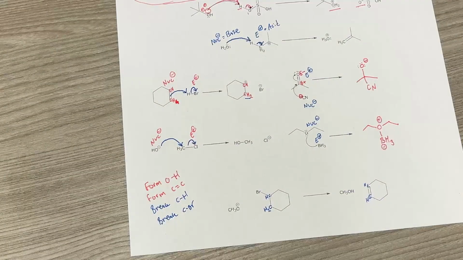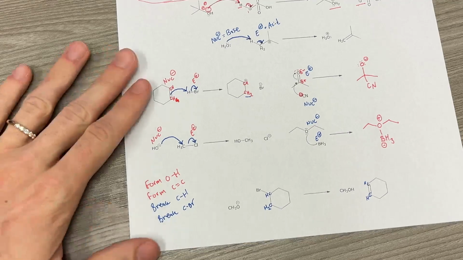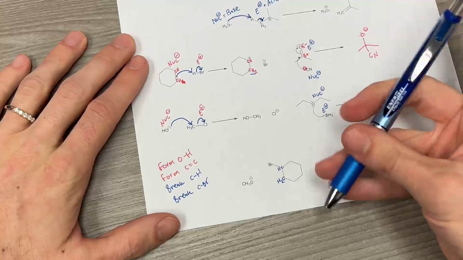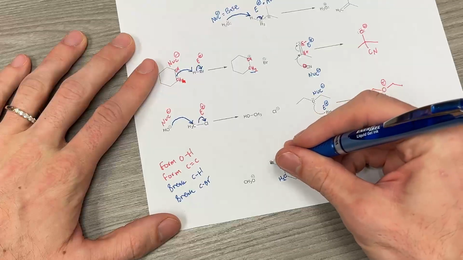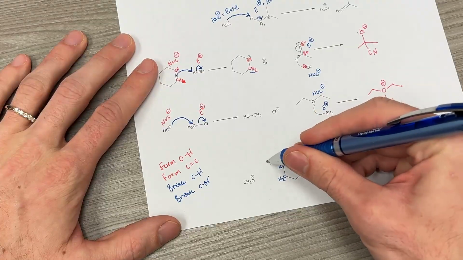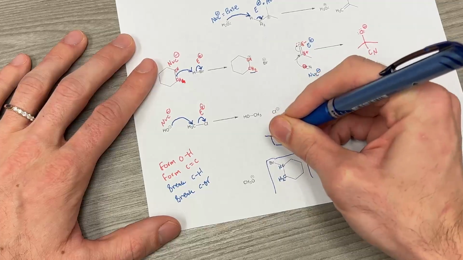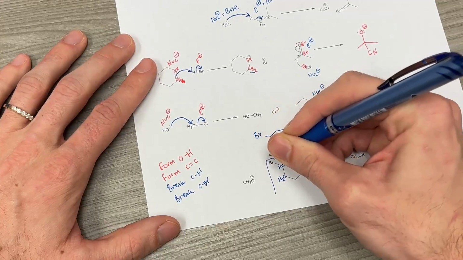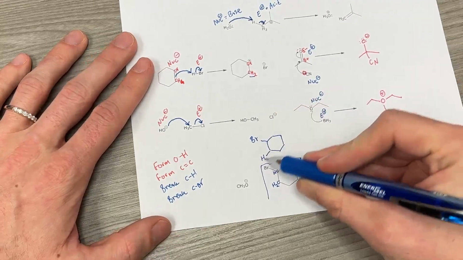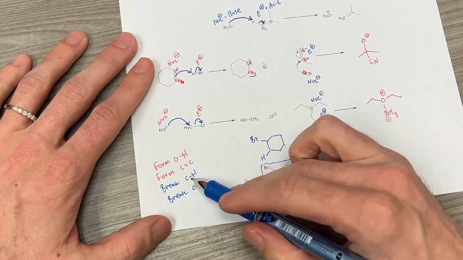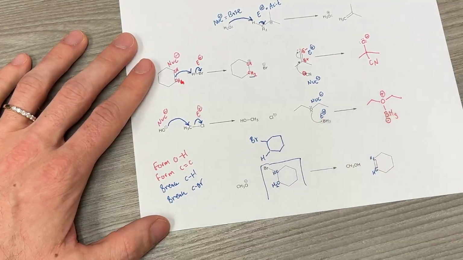There's no right way to start this. However, I'm going to start by taking the structure I had down below. I think I will redraw this since I have kind of drawn over it. And I'm going to explicitly highlight one of those carbon-hydrogen bonds because I need to break it, meaning I need to have it shown.